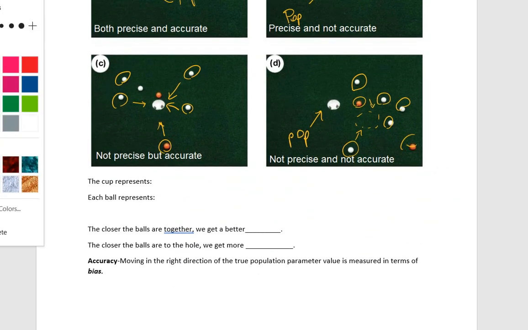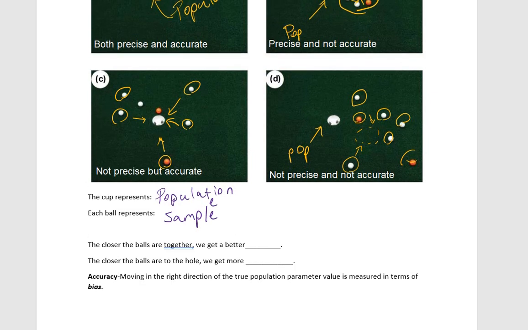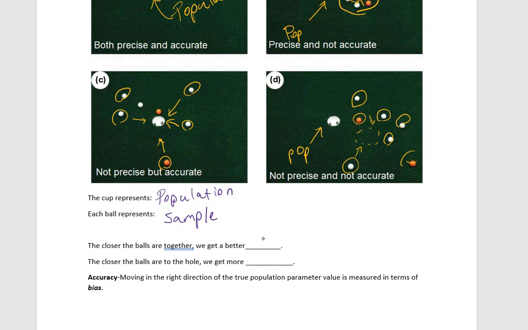Okay, so in this metaphor, again, the cup represents our population, and each ball represents a sample. So the closer together the balls are, the better precision measurement we get.